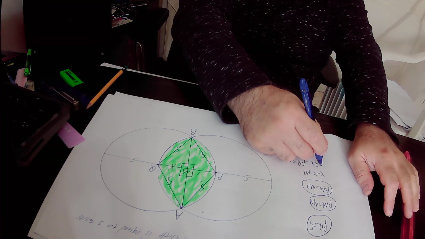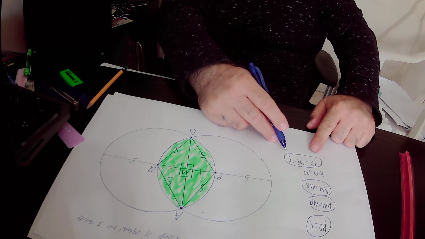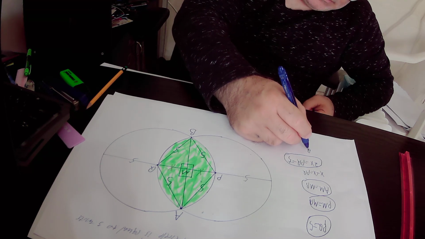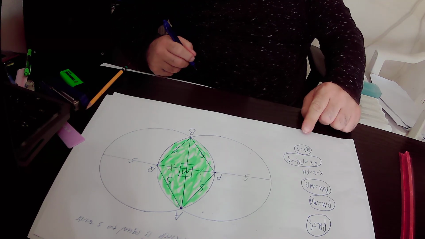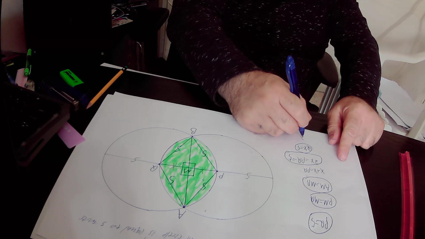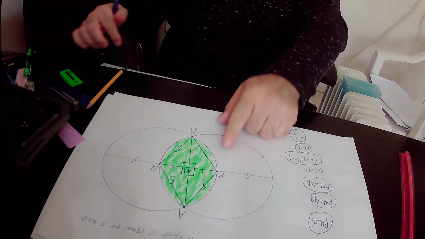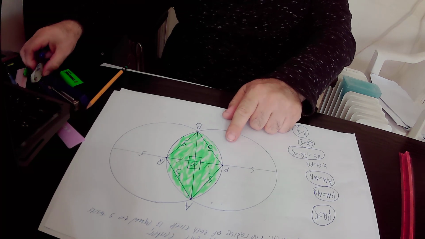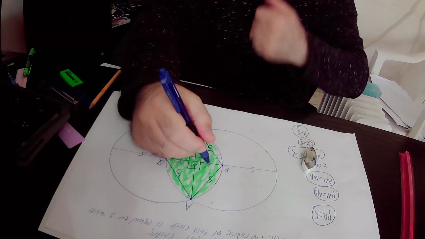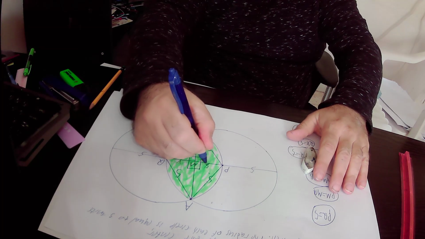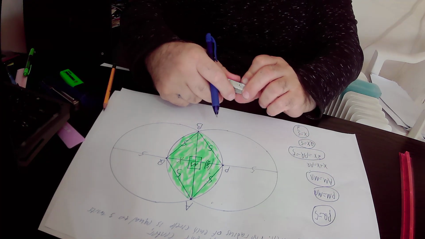So from this equation, we derive that 2x equals 5. Here we divide this equation by 2, and we get that x equals 5 over 2, so we will substitute x by 5 over 2.